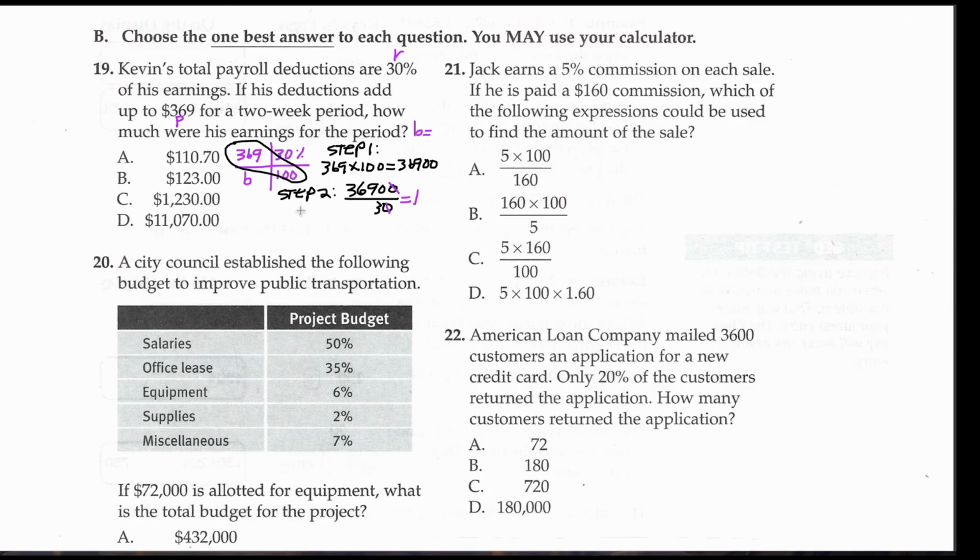No left over. 6 divided by 3, that's 2. No left over. 9 divided by 3, that's 3 times. No left over. 0 divided by 3, 0 times. So what is this number? It's $1,230. That looks like choice C.